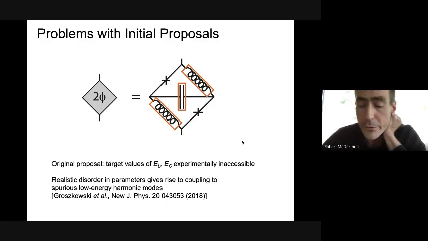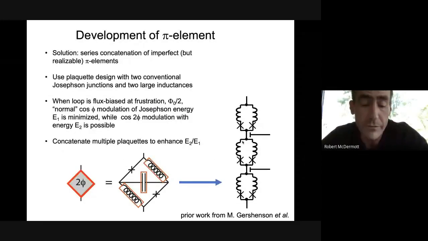So is there another way that we can try to implement this effective pi element? One approach is to not try to implement a robust, perfect pi element right out of the gate, but to work with imperfect pi elements that, although they have some significant first harmonic of the Josephson energy, they're not perfect.